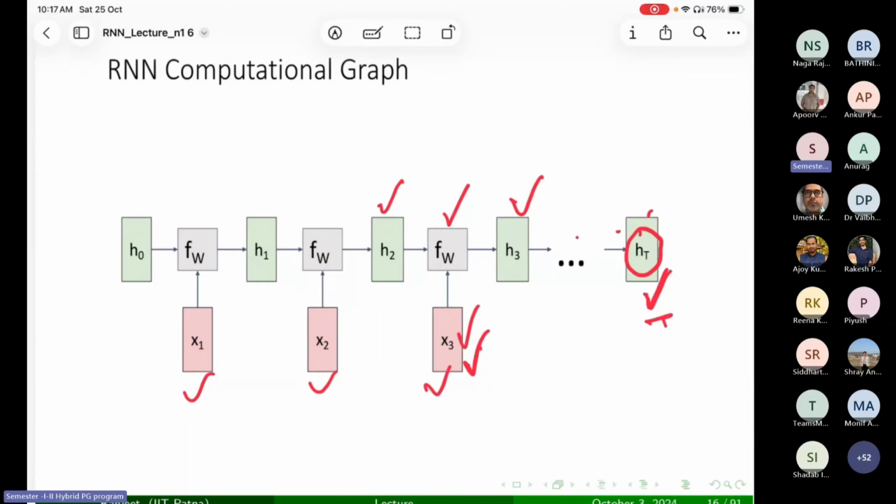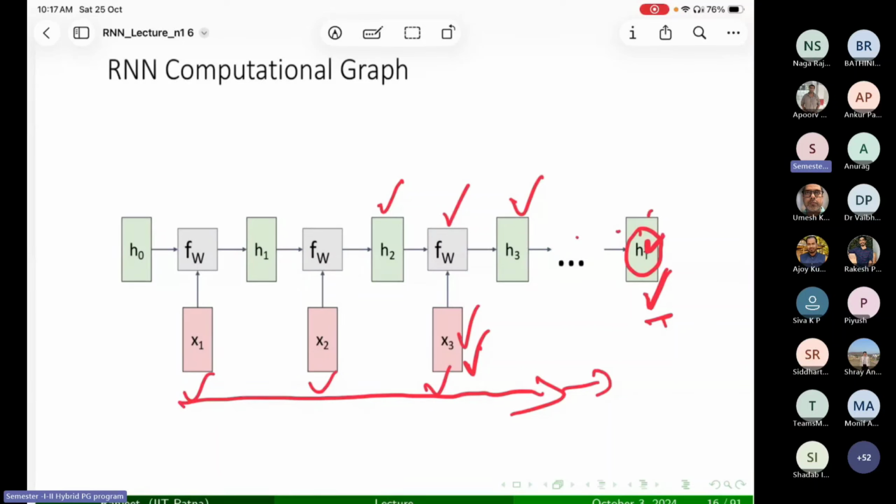At this point you know where the aggregated information is. So if I ask what is inside the hT, you can say in hT we have the aggregated information of all those words which we have covered till now, because every state is containing the information of all the past words, and that you should realize here.